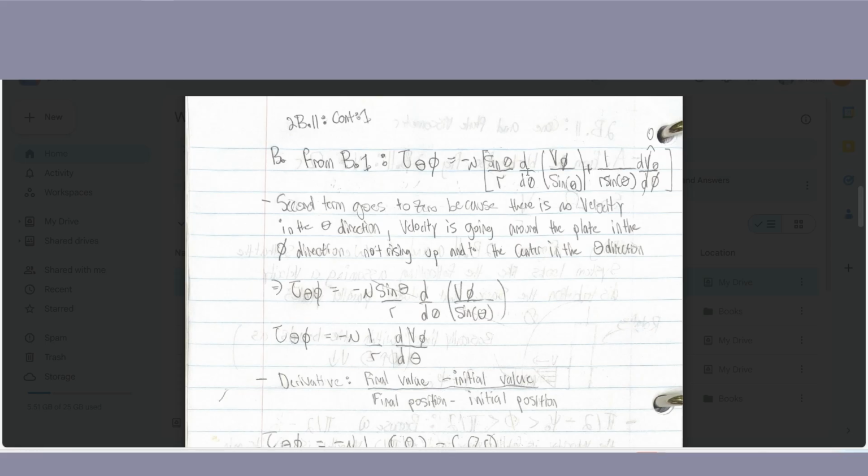And we're going to take the derivative with respect to theta. So we simplify the expression.